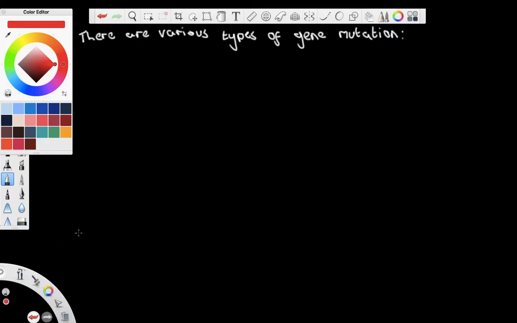Okay, there is a silent gene mutation and a non-silent gene mutation. So we can say, and I'm going to put this in red because it's important, there are two groups of gene mutation.